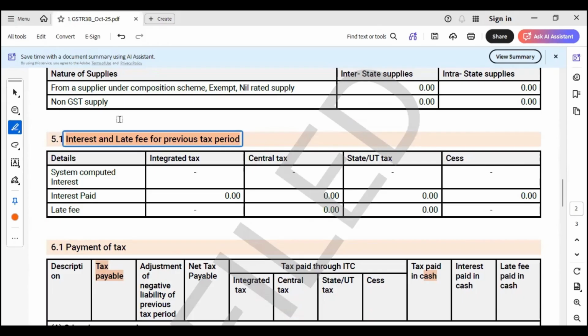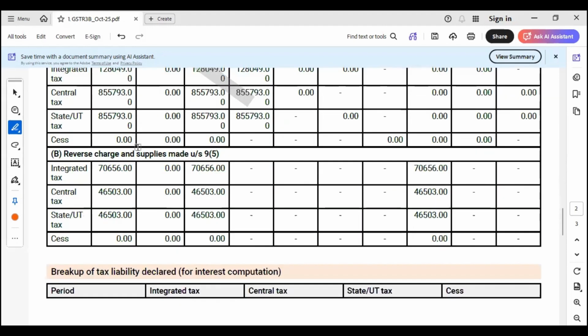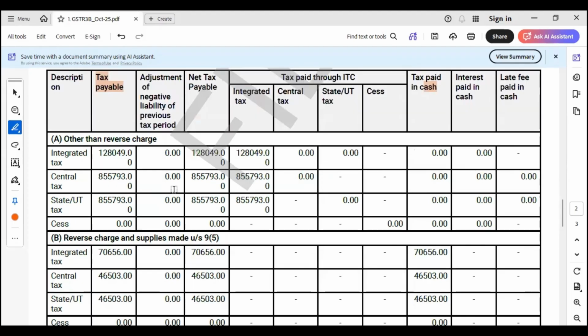Yes. So if I fill 3, 4, then 5 is auto-calculated, 6 is also auto-computed, where there's a button, a set of liabilities, where this internal adjustment happens. Yes, so that is the order in which my 3B payment is going to happen. Reverse charge and supplies made under 9.5. This is for the e-commerce operator. Whatever the e-commerce operator has paid, that gets populated.